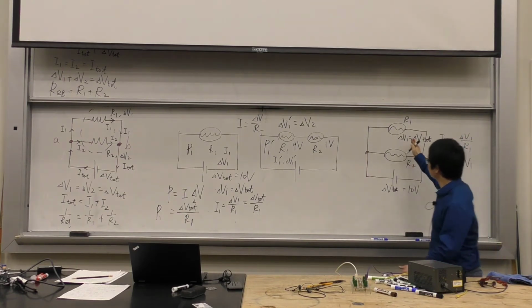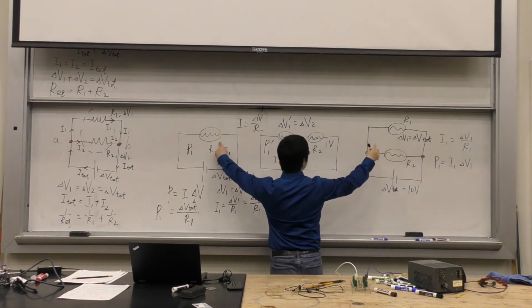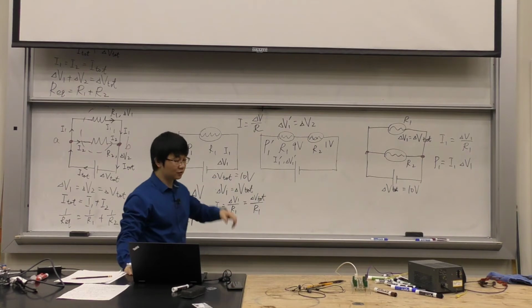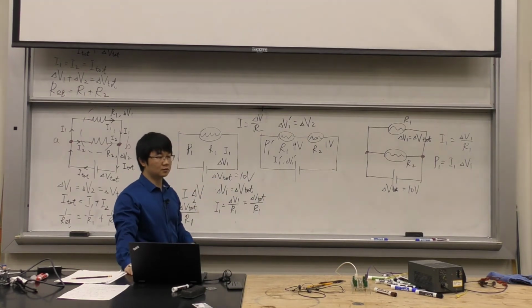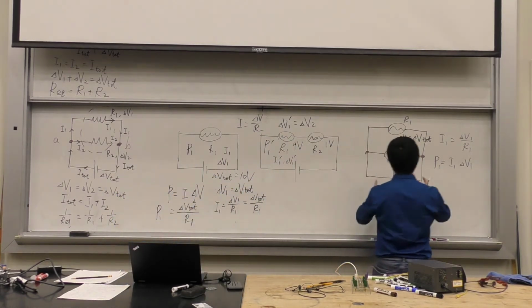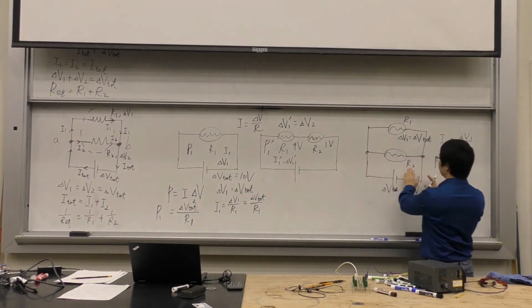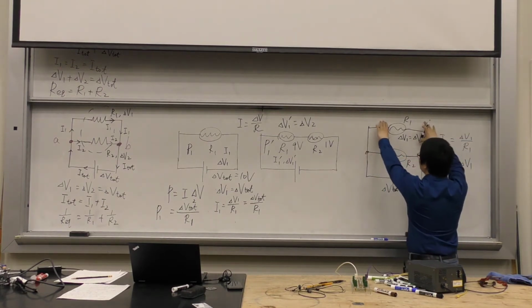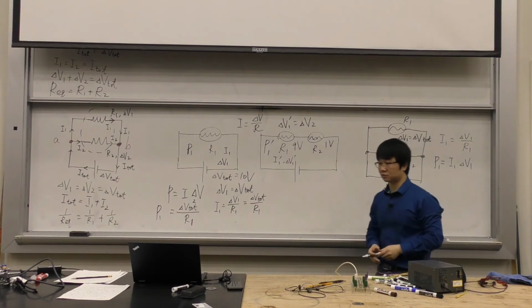So if you compare this circuit and this circuit, you only look at this R1. R1 gets the same voltage, the same current, so the power is the same. So the brightness is not going to change. That means if you connect another light bulb to it, it doesn't have to be equal to that one, the brightness is going to be the same because the power doesn't change.